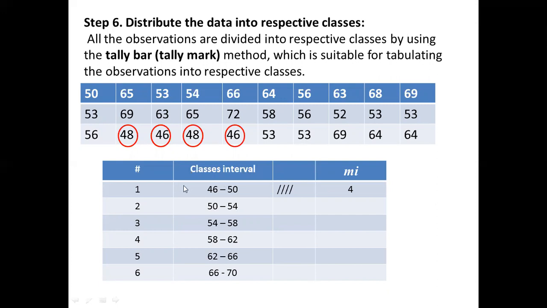For the first interval, there are data 48, 46, 48, and 46. There are 4 data. Conclusion: count all frequencies belonging to each class interval and assign this total frequency to the corresponding class intervals.